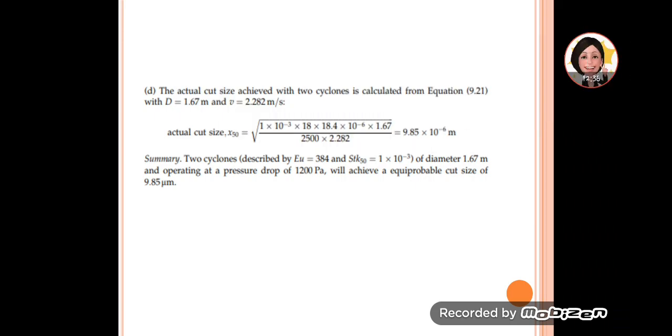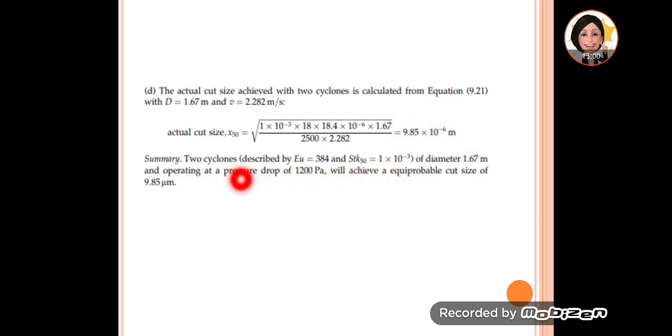And finally, part D, the actual cut size achieved with 2 cyclones is calculated with the D and the V that we have obtained. We use the X50 to find out what the actual cut size is. It is very close to the desired cut size.